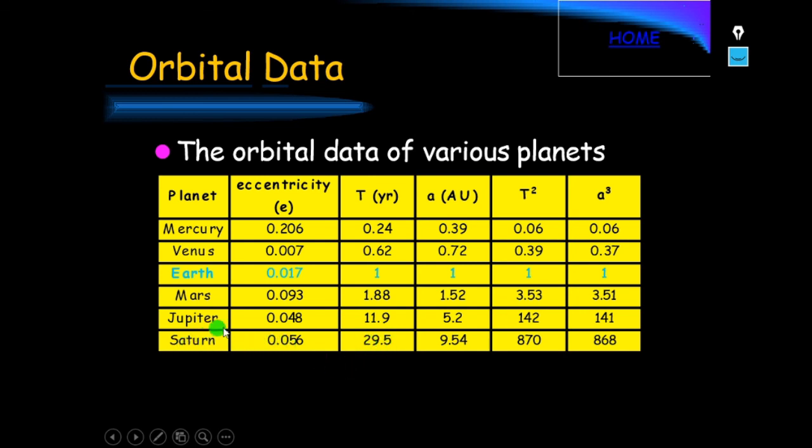And if you see the eccentricities, Mercury has more eccentricity than Venus, Earth, Mars and Jupiter. Venus has a very low eccentricity compared to all other planets. Earth has an eccentricity of 0.017.